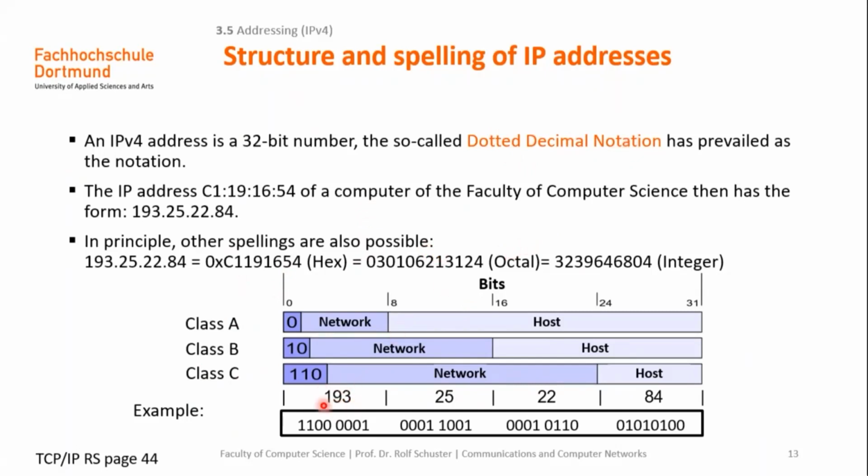We code each octet in decimal, and use a dot to separate the decimal numbers of each octet. With this notation, we can read the addresses more easily.